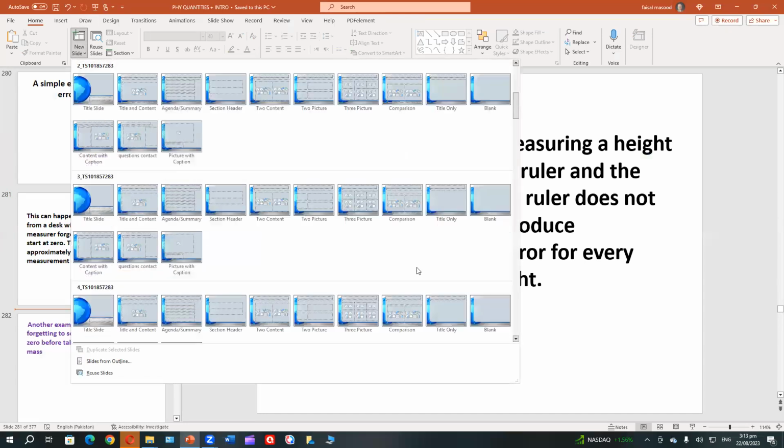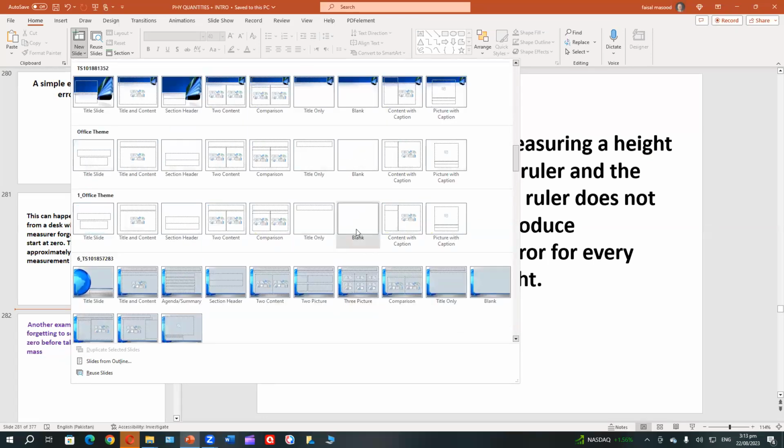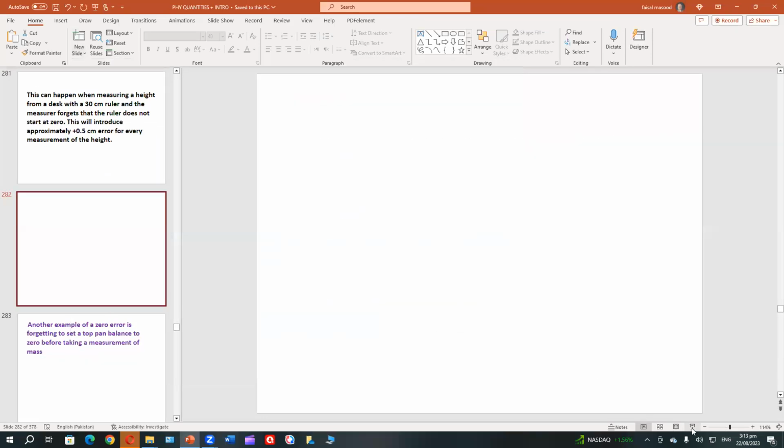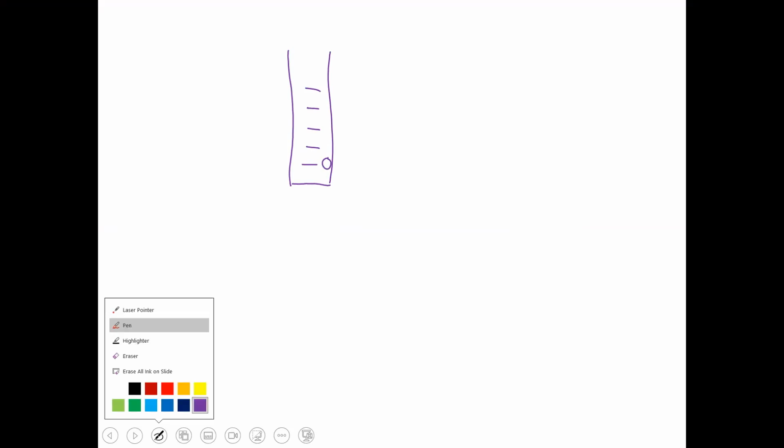These rulers have a zero mark, but when you touch them, like this is a ruler and it starts from here, you will notice that the zero mark is slightly above. So this is the zero mark. There is some gap between the zero line and the edge.